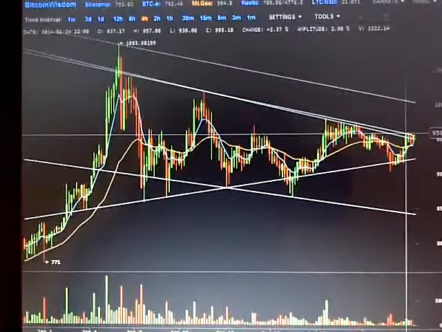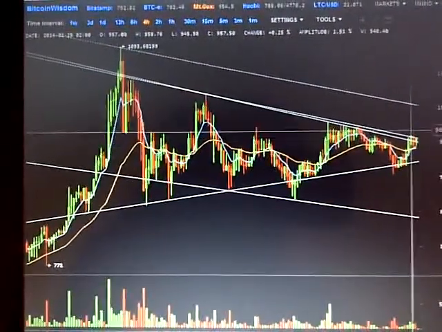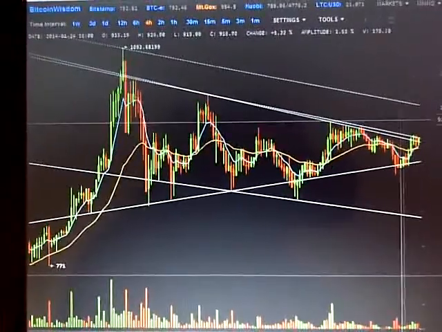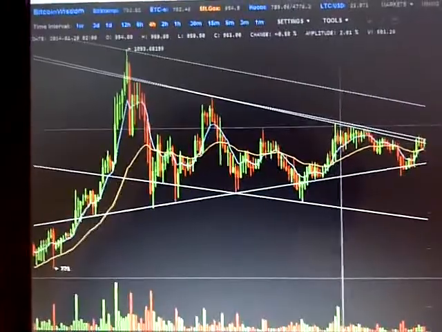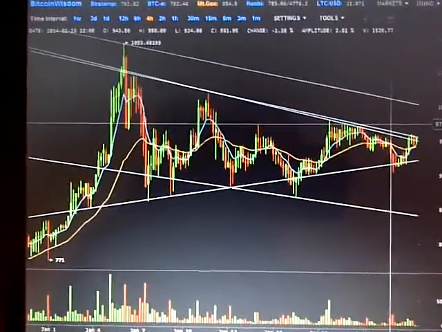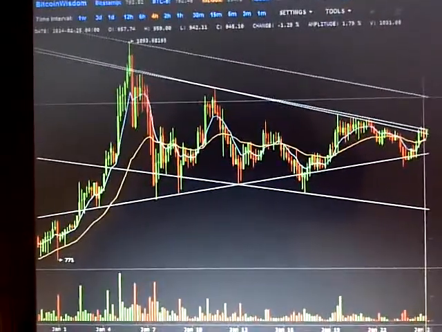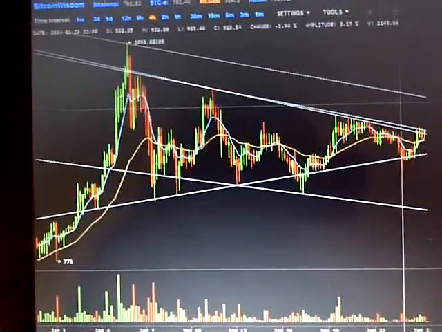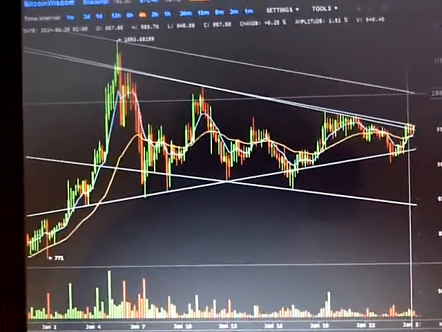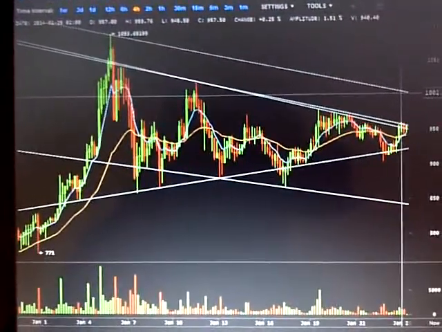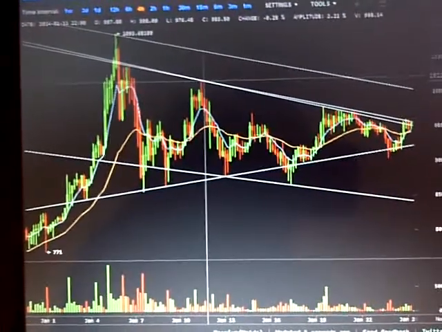It seems like it's trying to move, but it has to break this point, finish above at least this high. As time goes on, this resistance line's coming down lower and lower. So it's now not only going to meet this resistance line, but it also has to finish higher above this high.